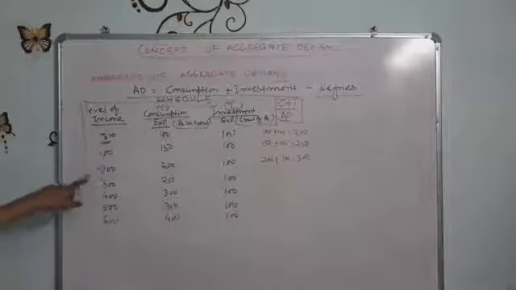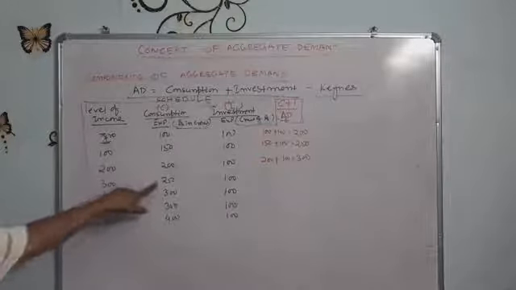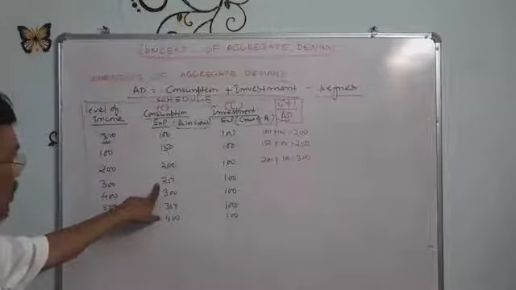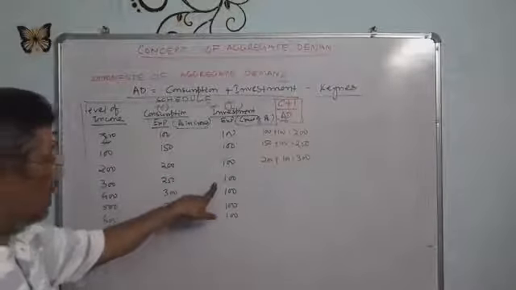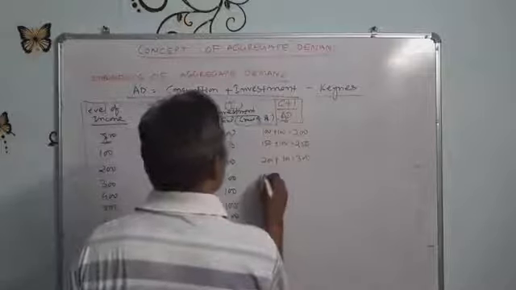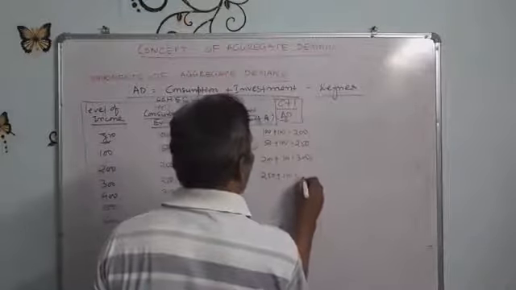If income increases from 200 to 300 crores, consumption expenditure increases from 200 to 250 crores and investment remains 100, so aggregate demand will be 250 plus 100 equals 350 crores of rupees.